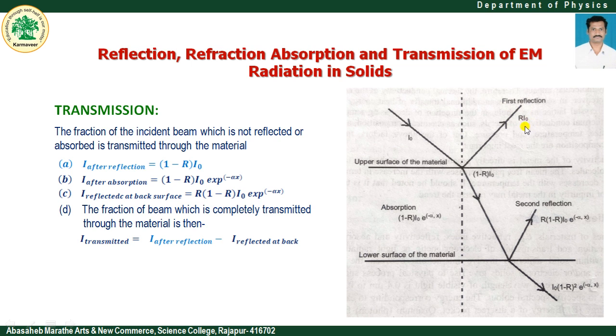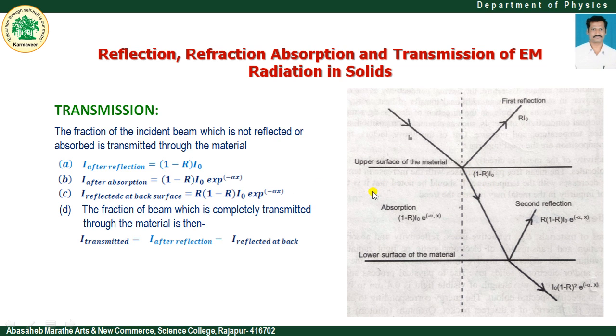Okay. Then the fraction of the incident beam that actually enters the material, that is I after reflection, is equal to (1 minus R) into I naught. Okay.